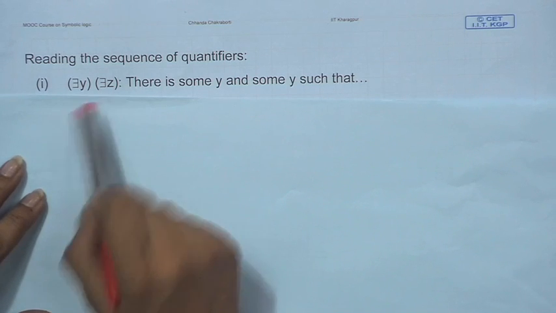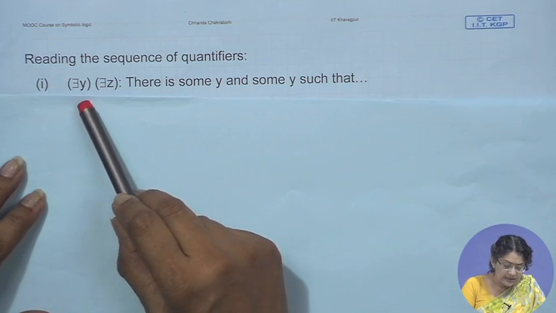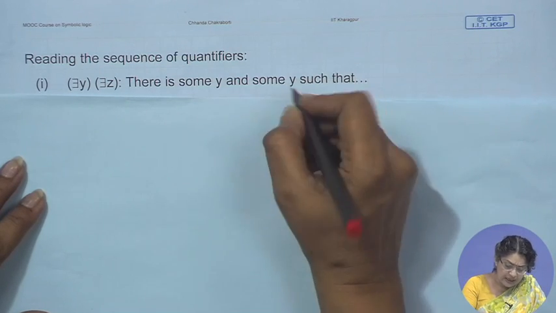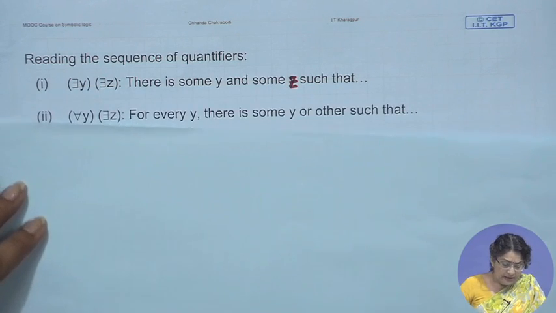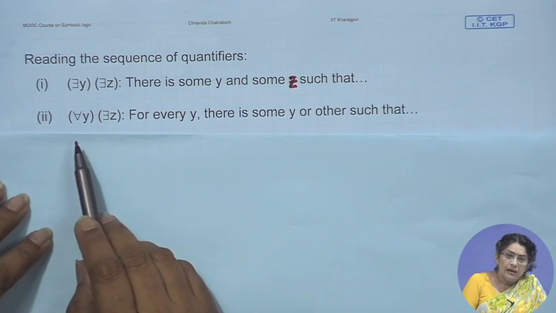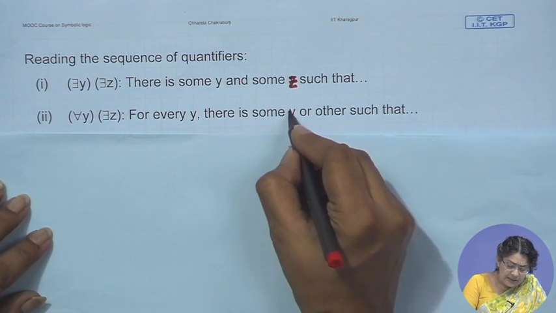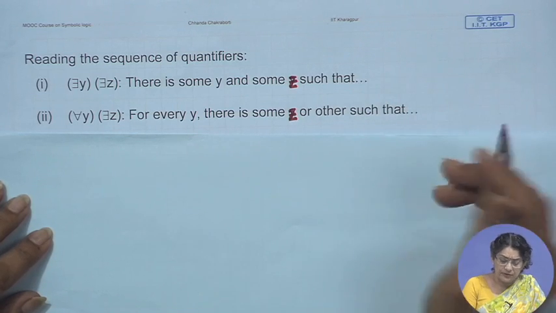Now, how do we read the sequence of quantifiers? When you have only the existential, the way to read it is: there exist some y and some z such that, etc. This one is: for all y or every y, there is some z such that, etc., some z or other.